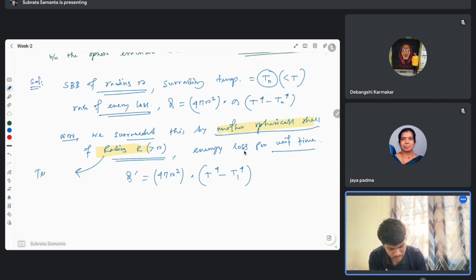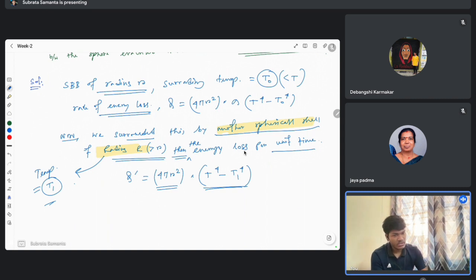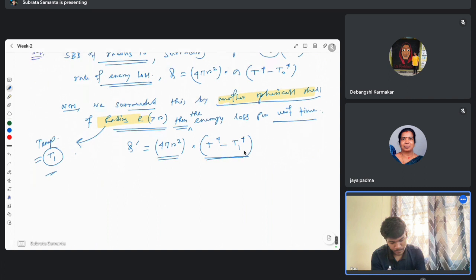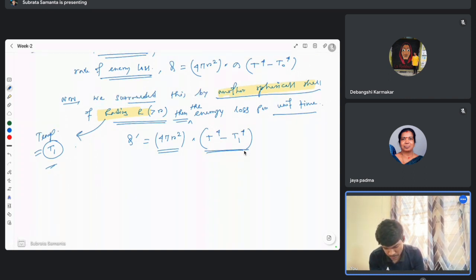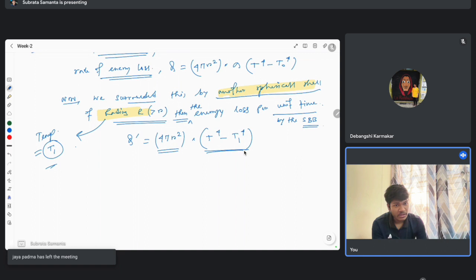So the energy loss per unit time is 4 pi r squared times sigma times T to the power 4 minus T1 to the power 4, where T naught is the surrounding temperature. This is the energy loss by the spherical black body.